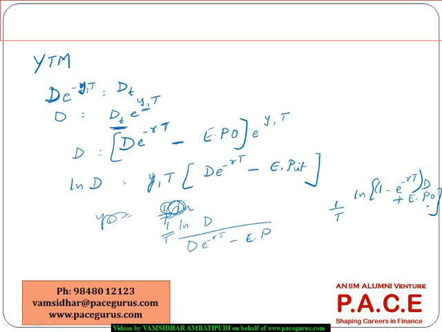So even using the Merton model, I should be able to compute the yield to maturity as well as the credit spread. And along with that, I could even get into the computation of the loss given default.